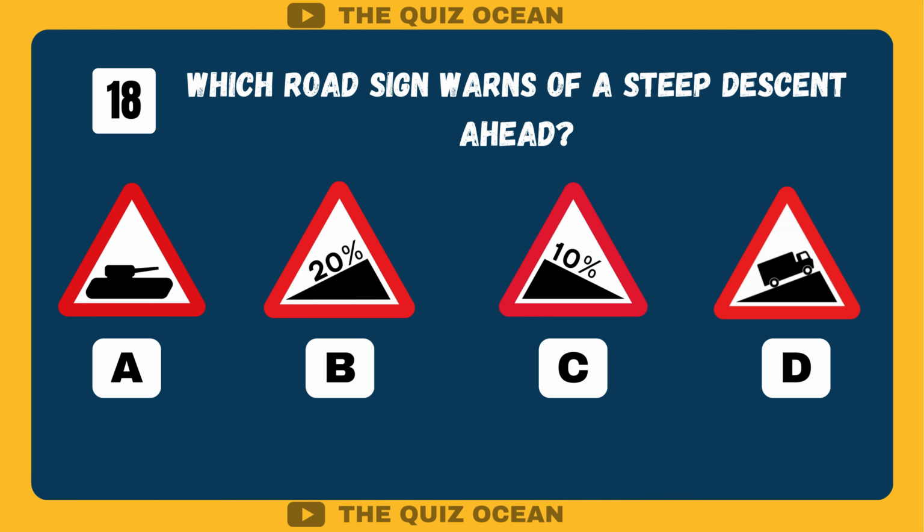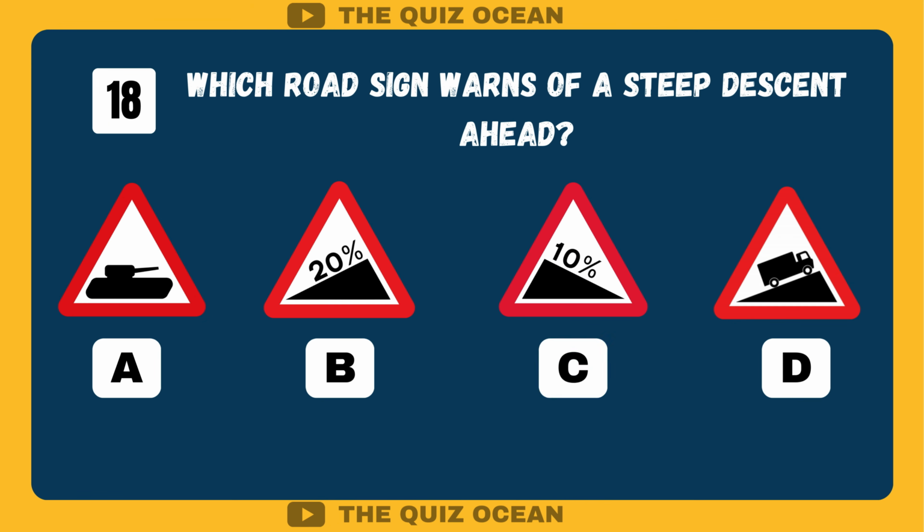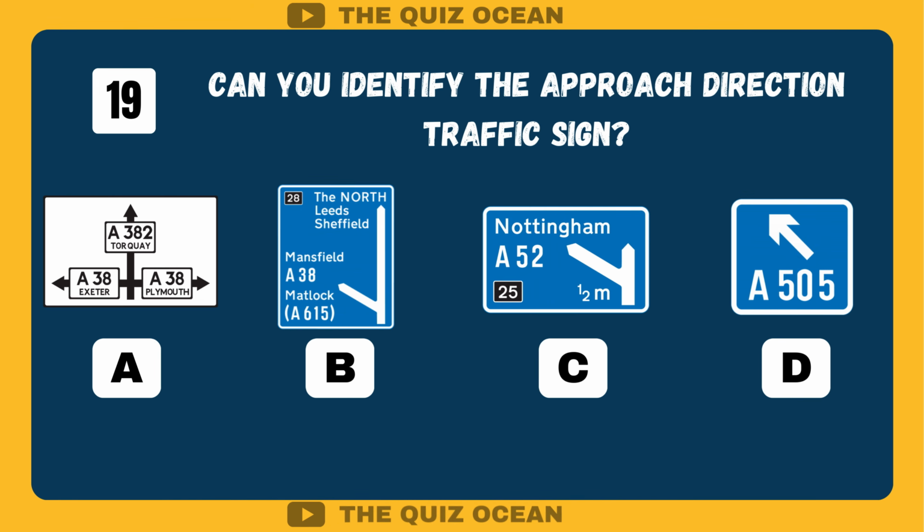Question 18. Which road sign warns of a steep descent ahead? The answer is C. Question 19. Can you identify the approach direction traffic sign?